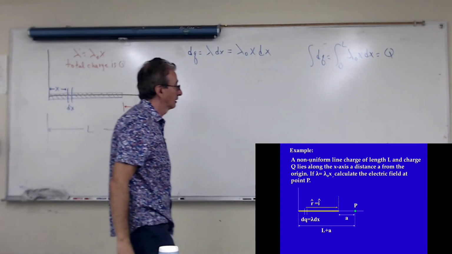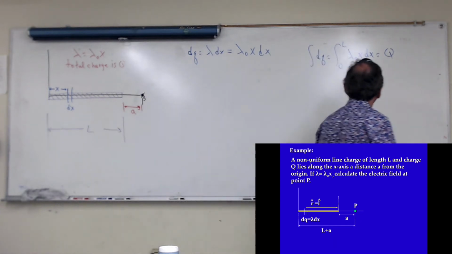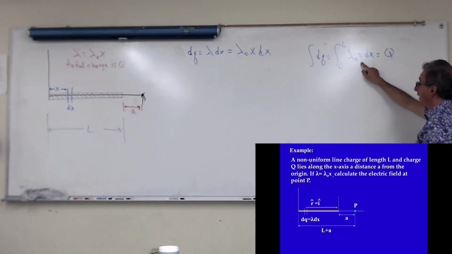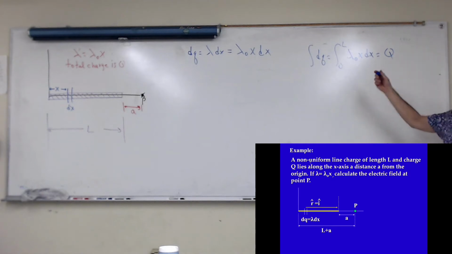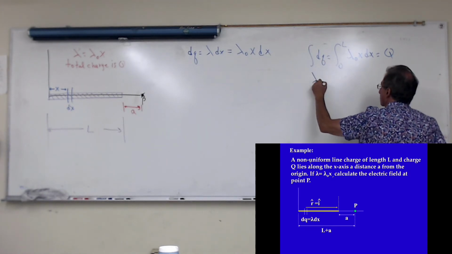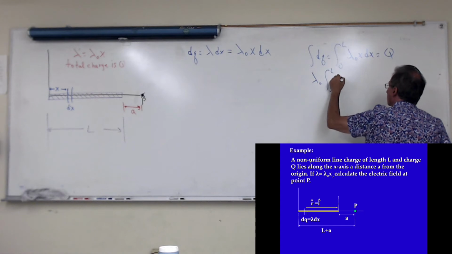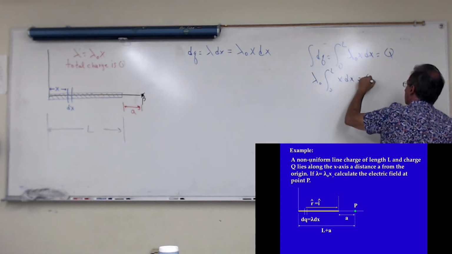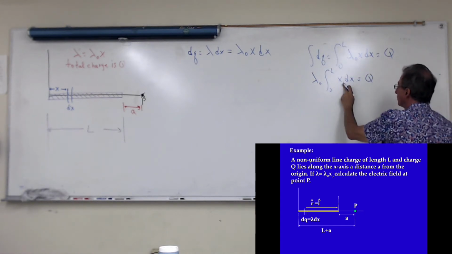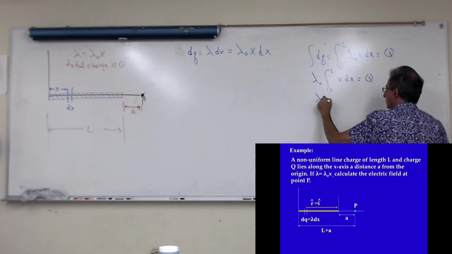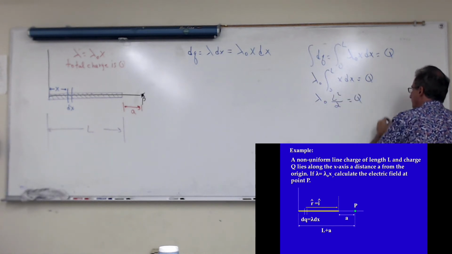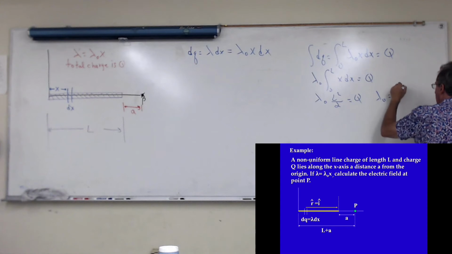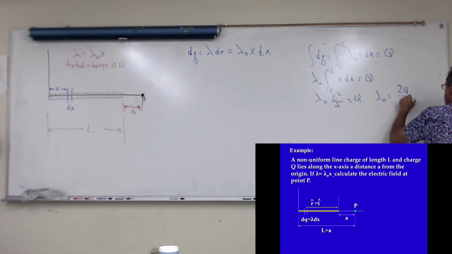Okay? If I know this number and I can evaluate this integral, then I can solve for lambda naught, because lambda naught is a constant. This integral is just L squared over 2. And so that means lambda naught is 2q over L squared.